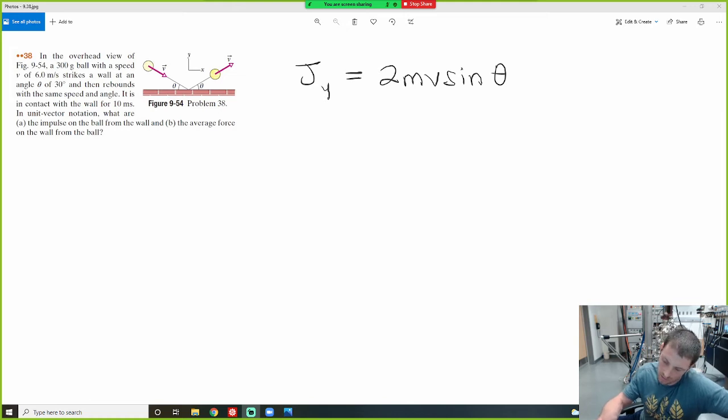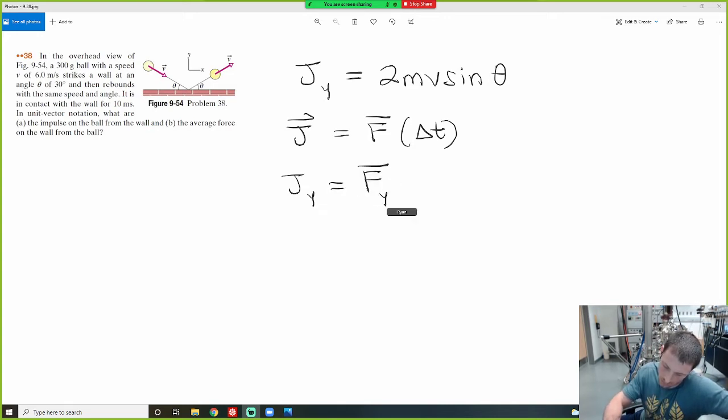And so then, remember that one way of expressing the impulse momentum theorem was that this vector j equals the average force times the time interval. So we can write j sub y equals the average force in the y direction times the time interval. And as I said, for part B, I want to solve for the force on the ball from the wall, as opposed to what they're asking for.